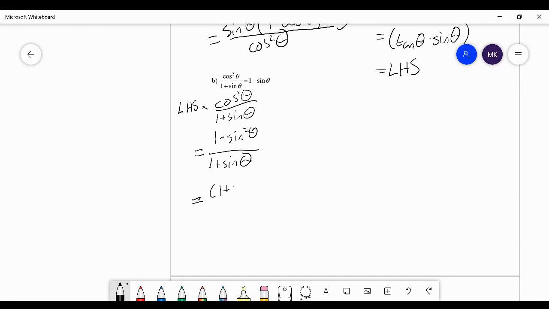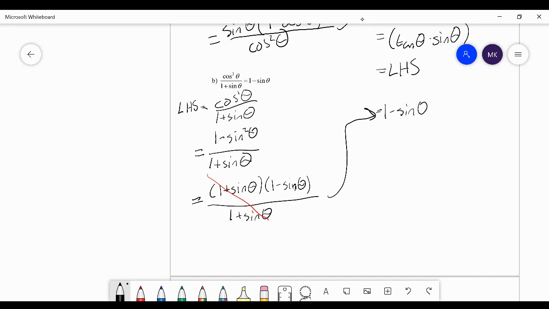When I do, I get 1 plus sine theta times 1 minus sine theta, all over 1 plus sine theta. Ooh. Those cancel out. And once those are canceled, I am left with 1 minus sine theta, which is exactly the right-hand side.